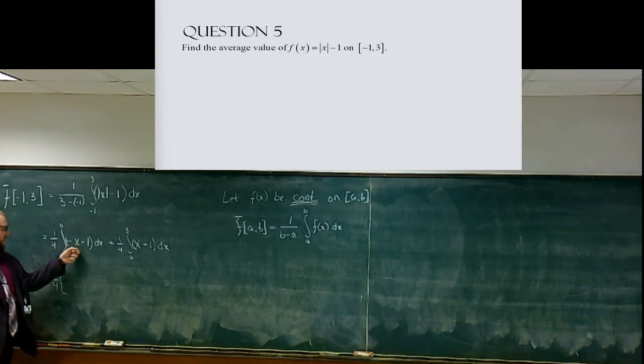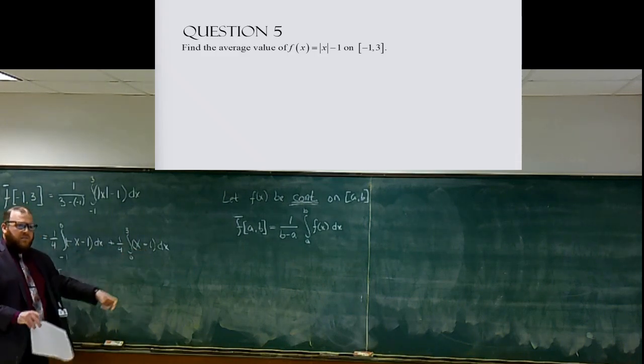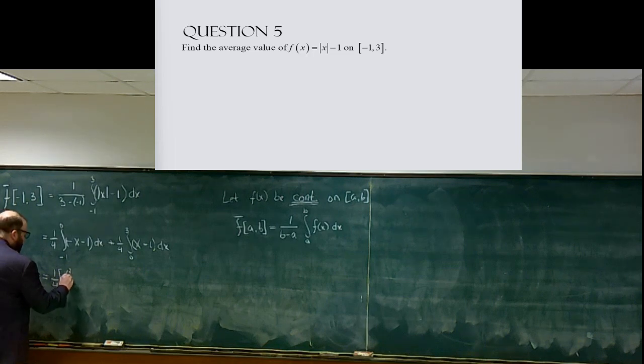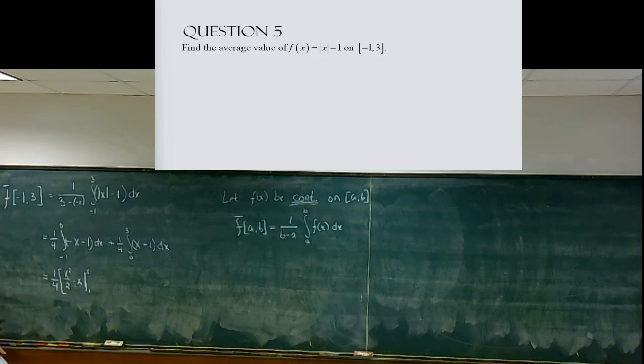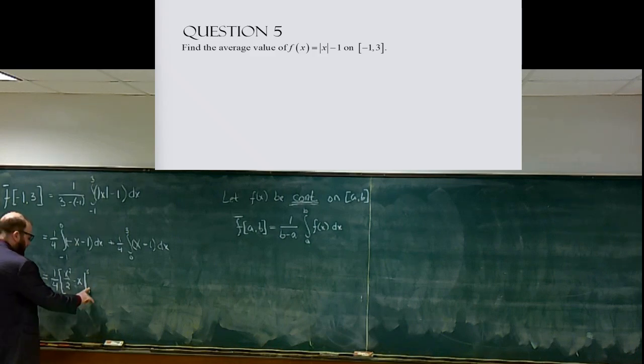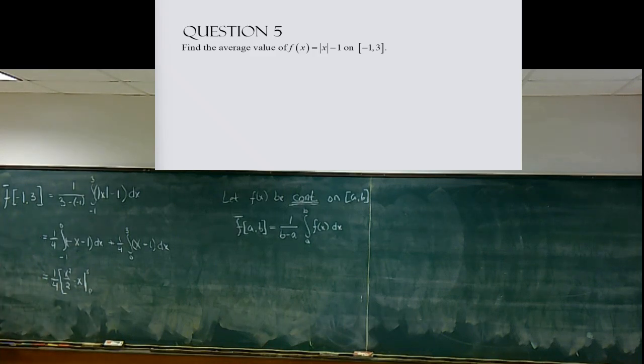Notice I can factor a negative out of here, right? So I'm going to write that second as a minus. Antiderivative here: x squared over 2 minus x. We're going to evaluate that from, not 1, from 0 to 3. Minus x squared over 2 plus x.